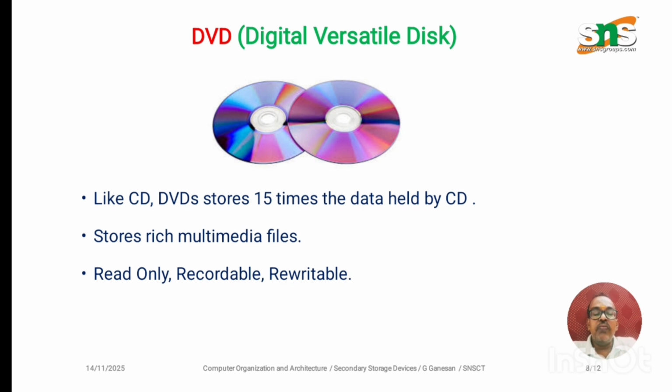The main benefit is that a DVD stores more than 15 times the data of a CD. We can store video songs, and sometimes 2 to 3 videos, on a DVD. DVDs also come in three forms: read-only DVDs, recordable DVDs and rewritable DVDs.